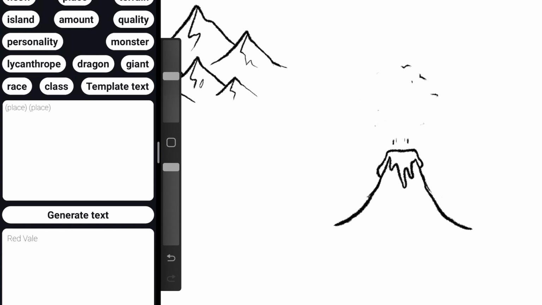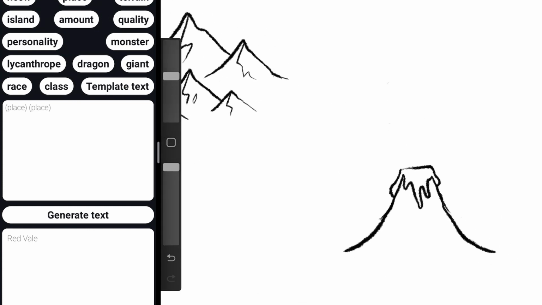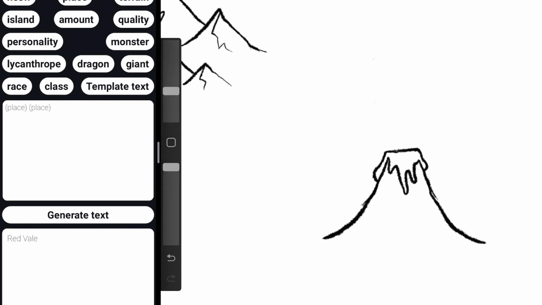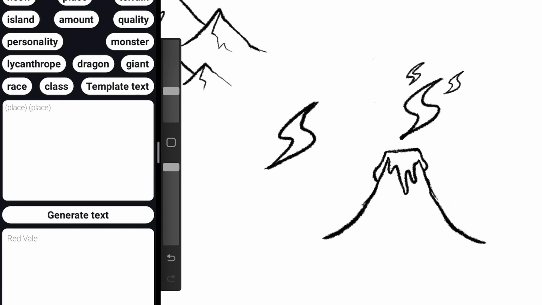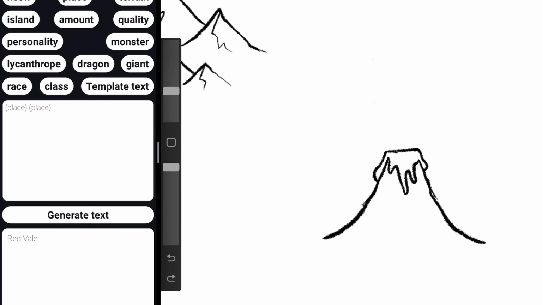But my favorite is this kind of wispy smoke that you see up here. I like to make these kind of shapes. So the basic shape here is an S and another S. That's the basic form that you're going for, with some smaller ones coming off. And then what you want to do is just add some variation into that.